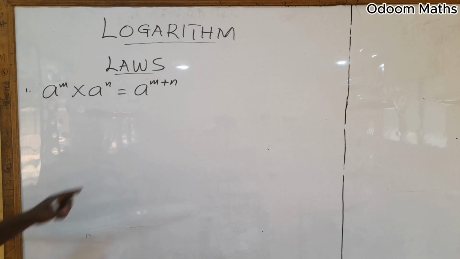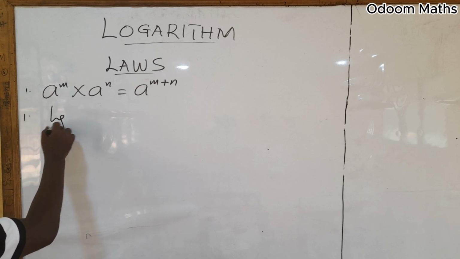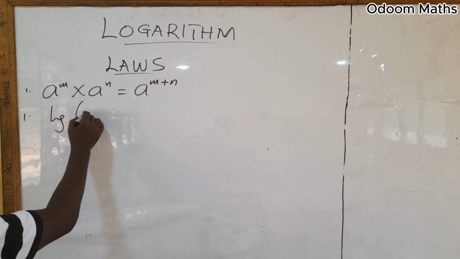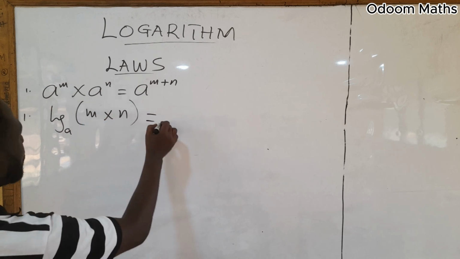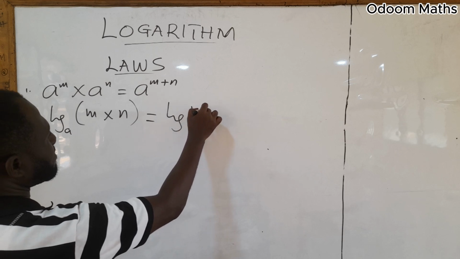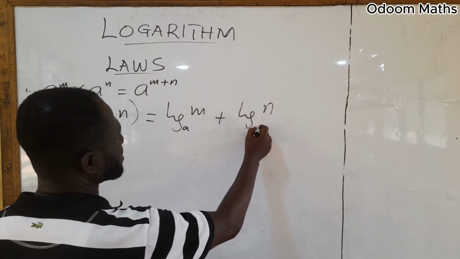Okay, now let's look at that of logarithm. So for logarithm, the first law says log of, into brackets, m times n with a base a is equal to log m base a plus log n base a.